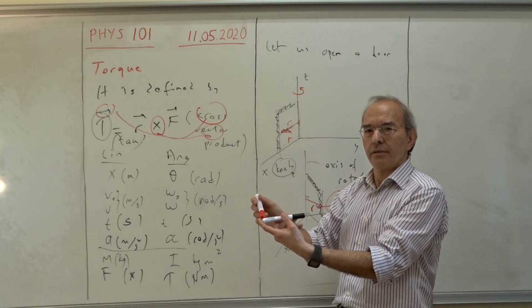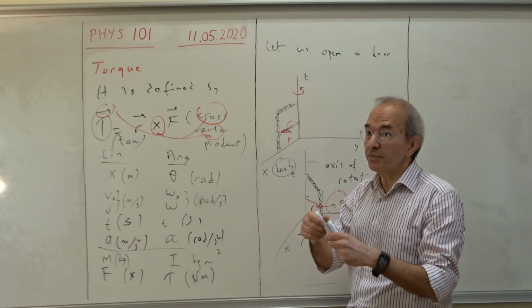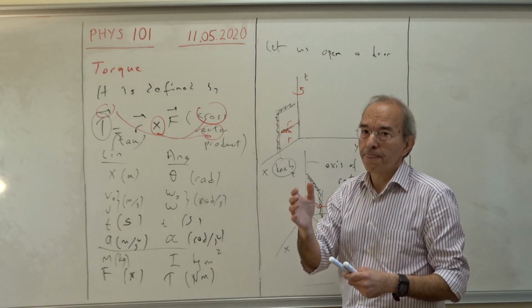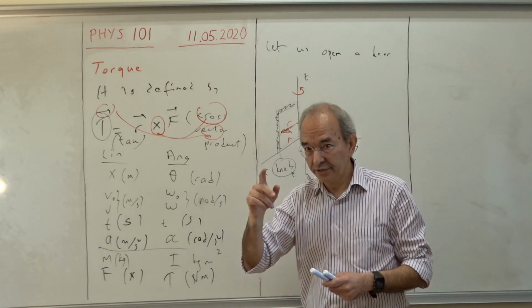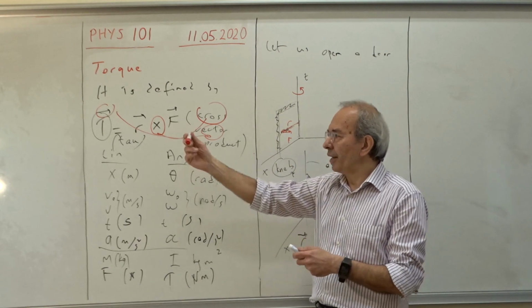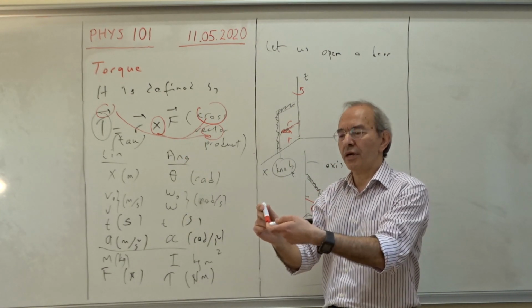Maybe you can put them in this order. The order is important, as you remember. R cross F and F cross R are opposite vectors, not the same. So R cross F, R and then F. One finishes, the other starts.